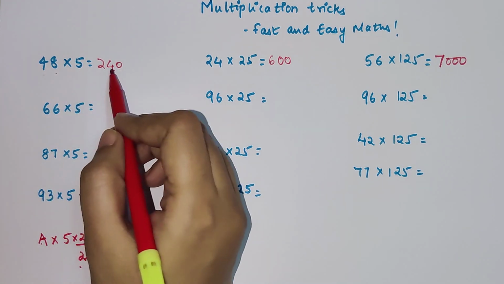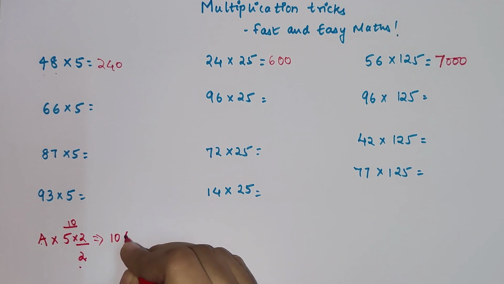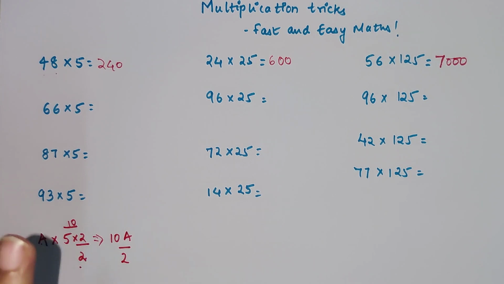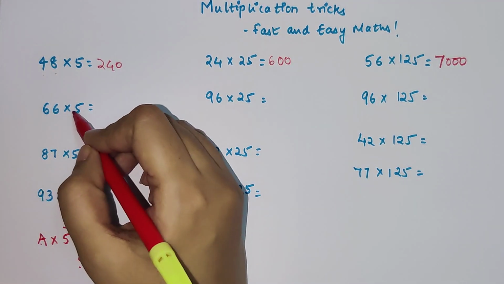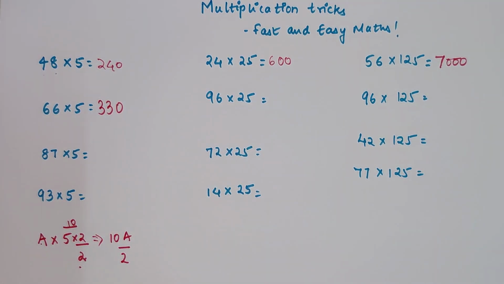And then just multiply 24 by 10. So basically 10 into A by 2. That's the formula which I'm using. Trust me, this trick works amazingly when you're dealing with an even number, and in case you're dealing with an odd number also, don't worry, it's going to work brilliantly that time as well. So 66 divided by 2 is going to get you 33, and you just add a 0.